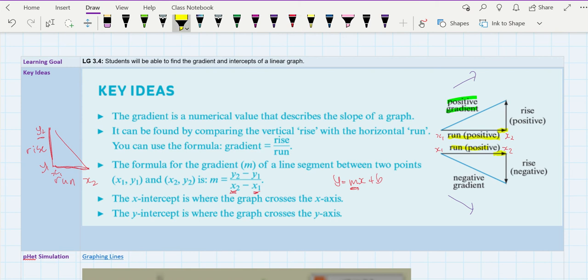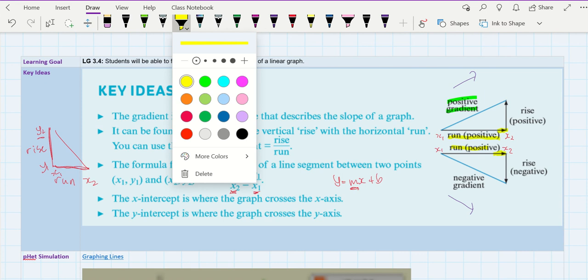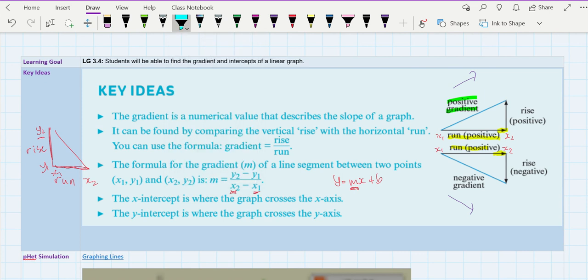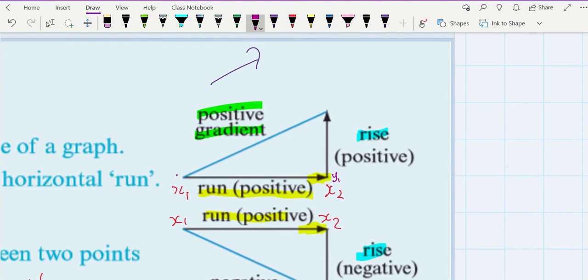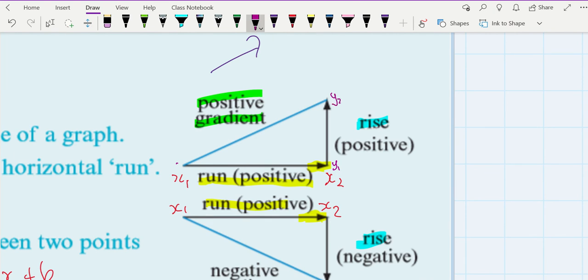So let's have a look at the vertical rise, and you can see that the rise goes up and down. Just looking at rise over run. So if I'm starting here, this is going to be my first y variable. And this is going to be my second y variable.